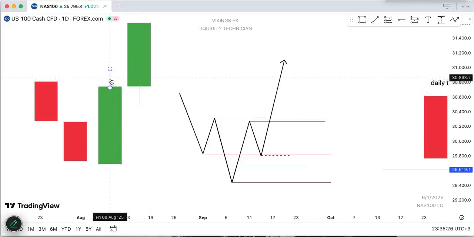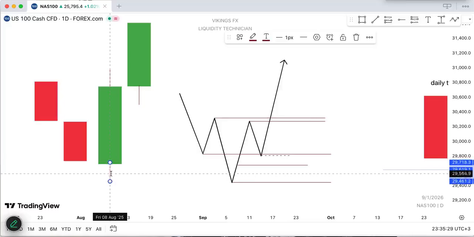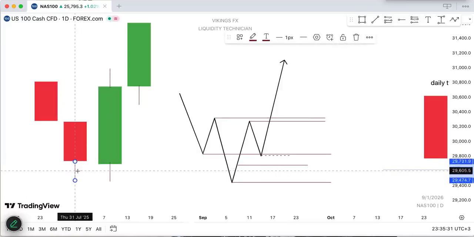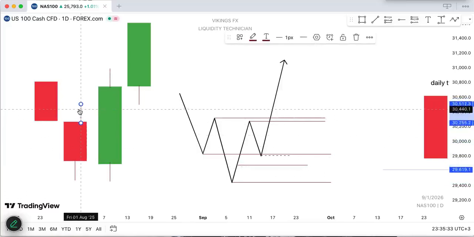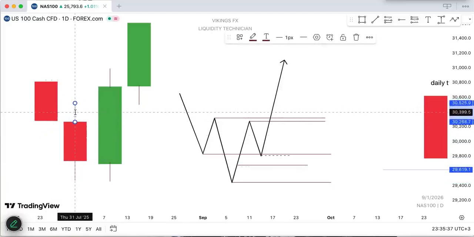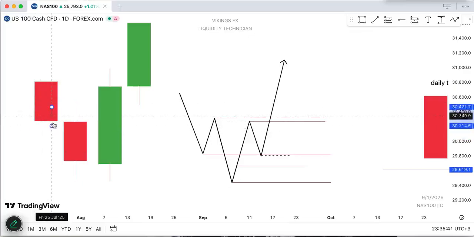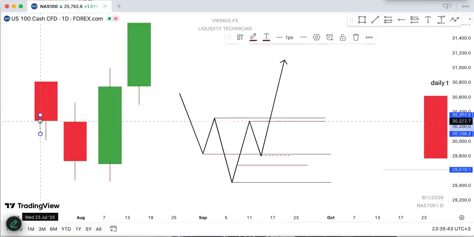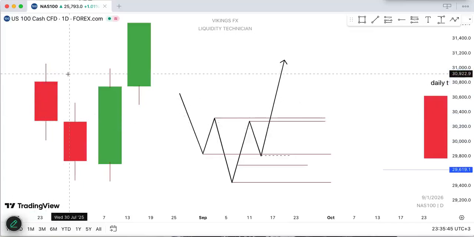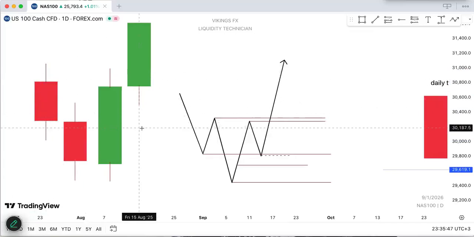So these are the wicks. So we probably know when it comes to SNR, wicks matter when it comes to rejections or making key levels unfresh, but when it comes to other criteria, they matter less. So this is something I'm talking about.